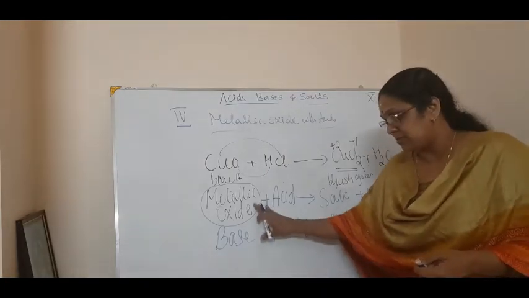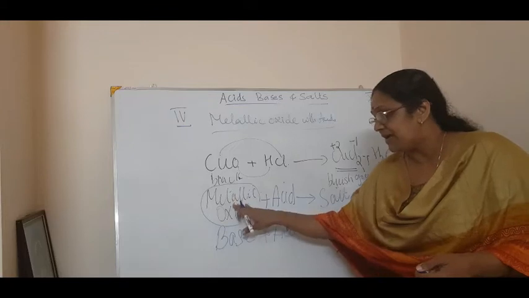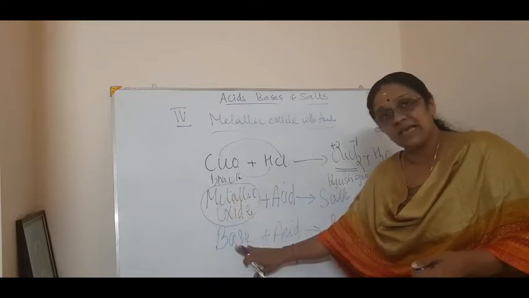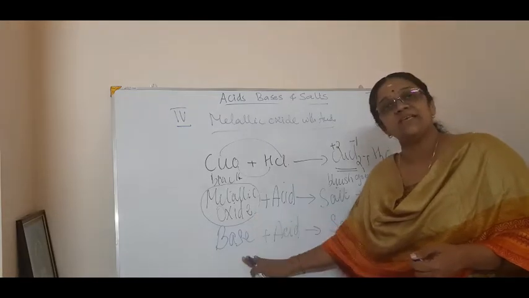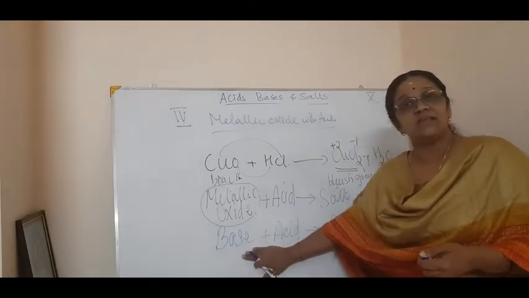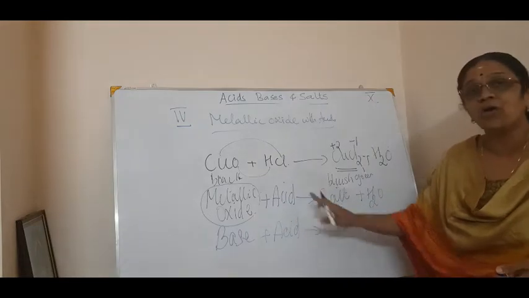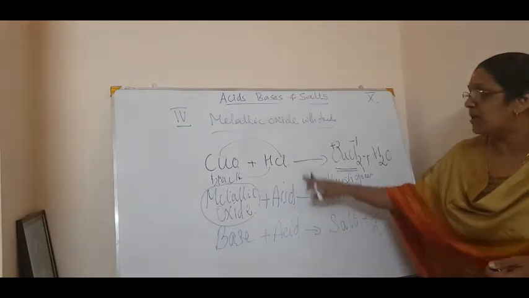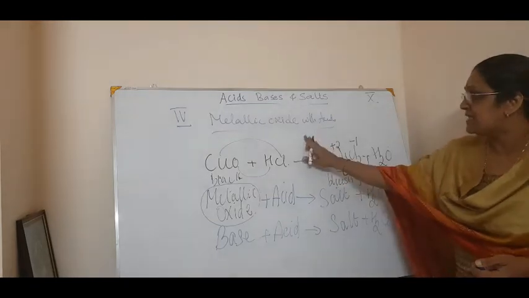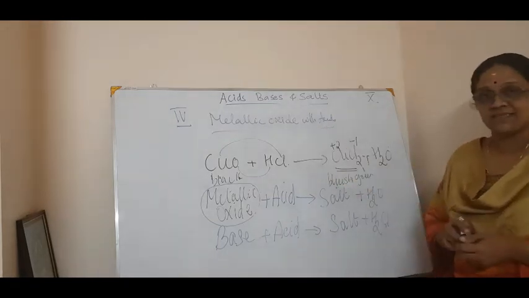Then you conclude that metallic oxides are basic in nature. That is how you account for the statement. Clear? Now this is about the fourth reaction, that is metallic oxides with acids.